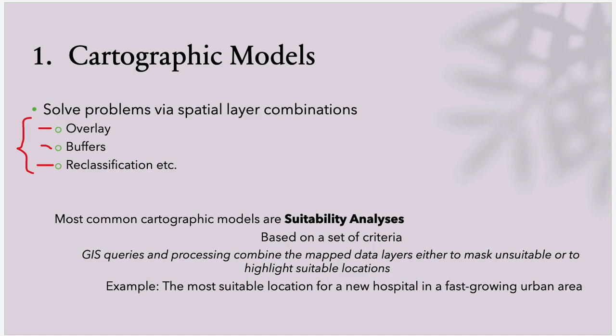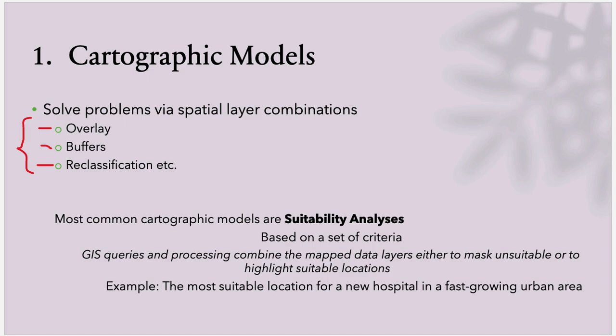GIS queries and processing combine the map data layers either to mask unsuitable or to highlight suitable locations. For your lab assignment, you will be telling me your suitable sites and the pros and cons for the suitable site that was chosen from running your analysis.